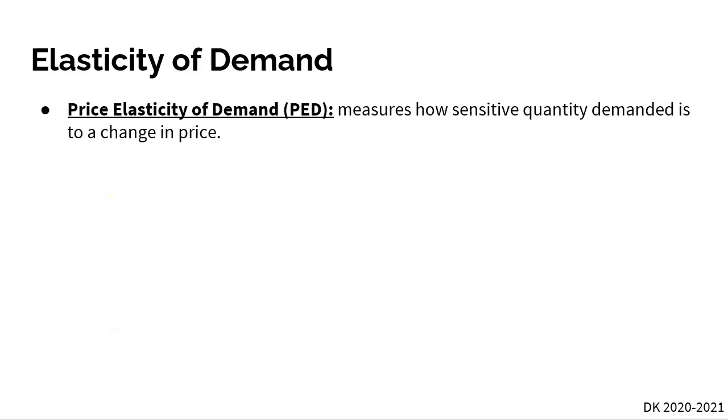So our definition of elasticity of demand is just how sensitive quantity demanded is to a change in price. Because we already said that there's an inverse relationship between price and quantity demanded. So all elasticity tells us is how much our quantity demanded is going to increase, and how much it is going to decrease.